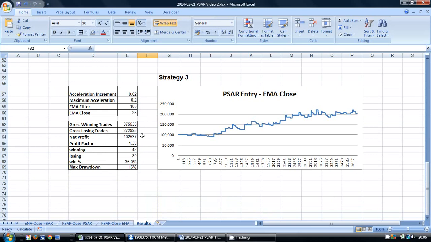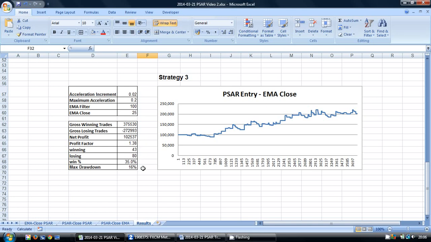We've got a very similar level of net profit, marginally higher profit factor, which is the absolute value of winning trades divided by losing trades, and we've got a win percentage which is slightly lower, 35%, but we've got a maximum drawdown that is also slightly lower at just 16%, which over that time period is pretty respectable.